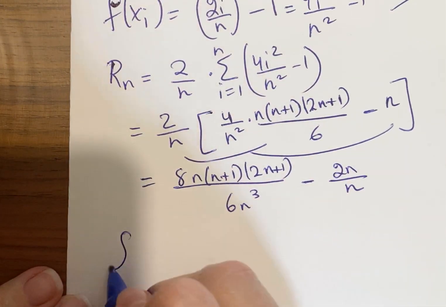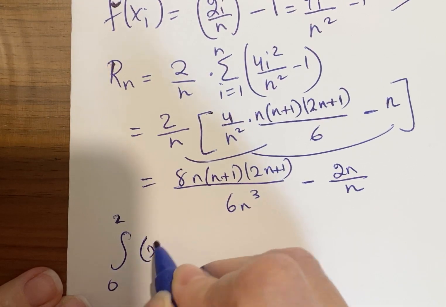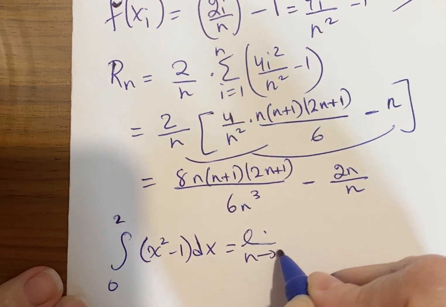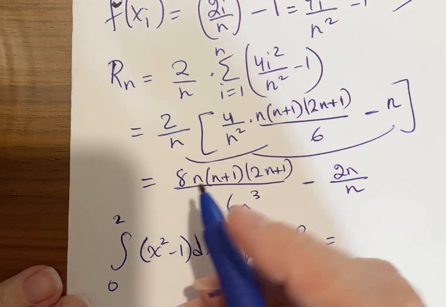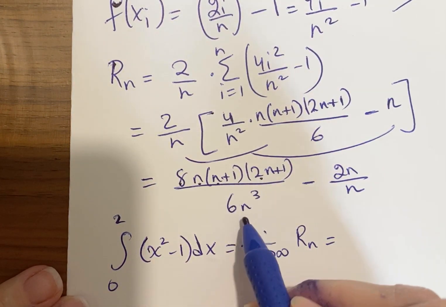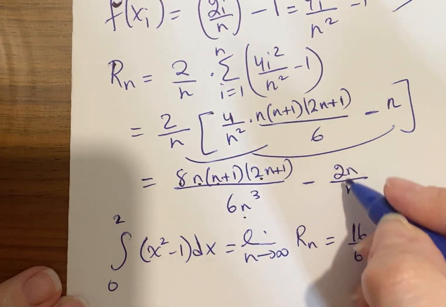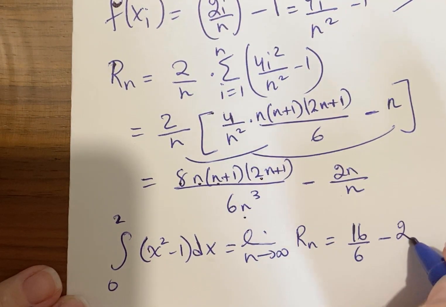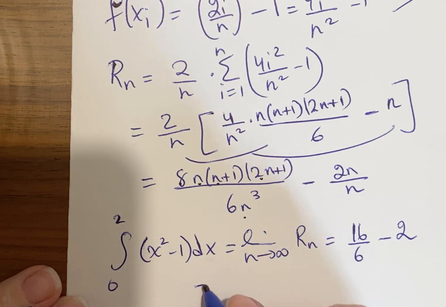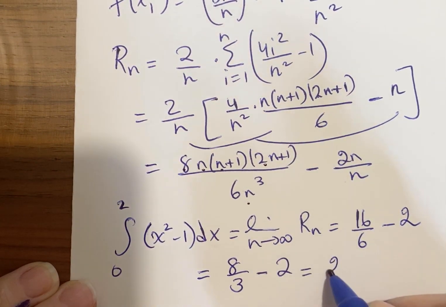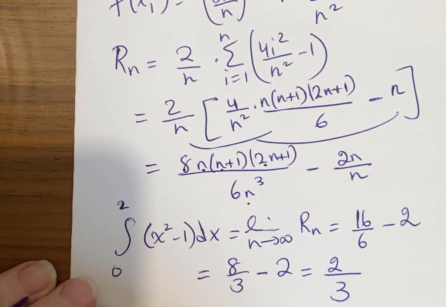Then the integral from 0 to 2 of x squared minus 1 dx will be the limit of this as n approaches infinity, which is, the highest power up is 16n cubed over 6, minus the highest power up is 2n over n, so 2. So this is equal to 8 over 3 minus 2. The answer is 2 over 3.